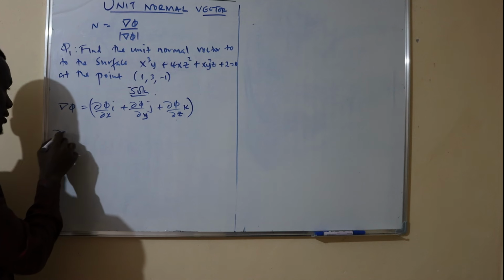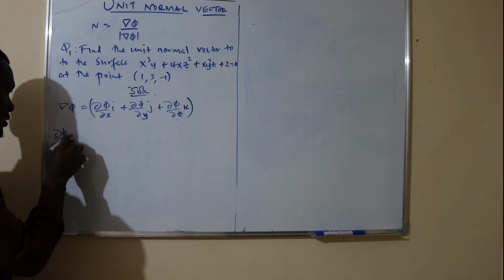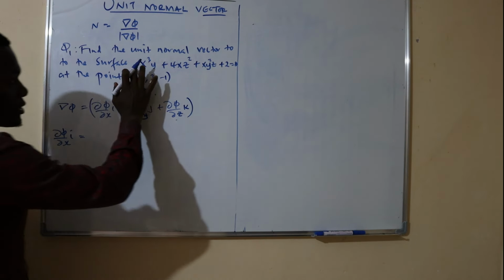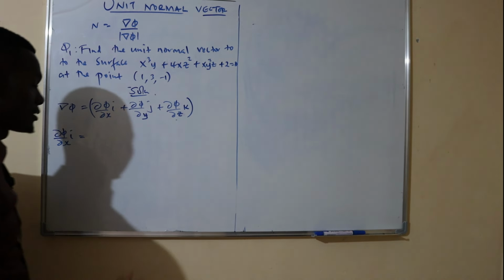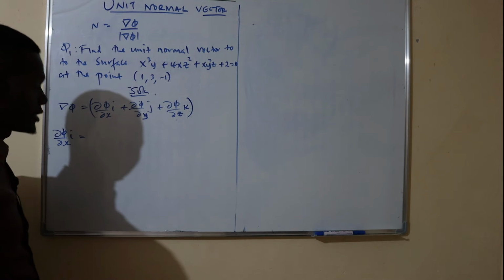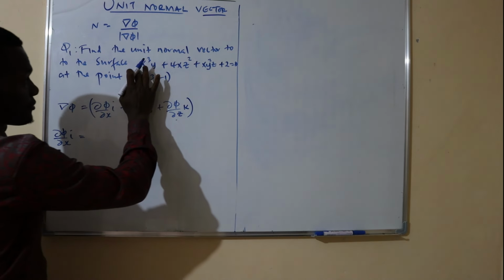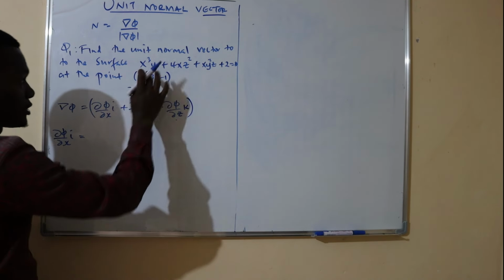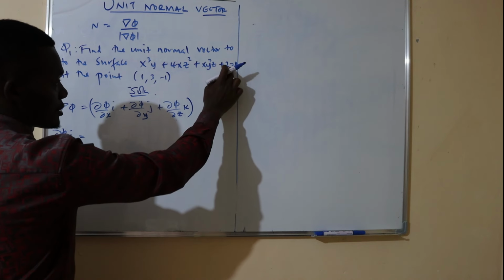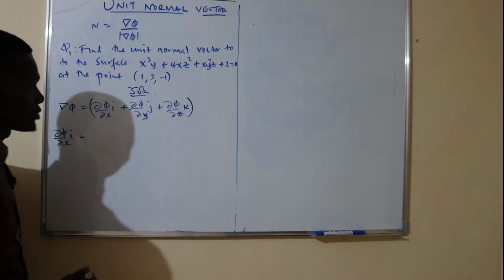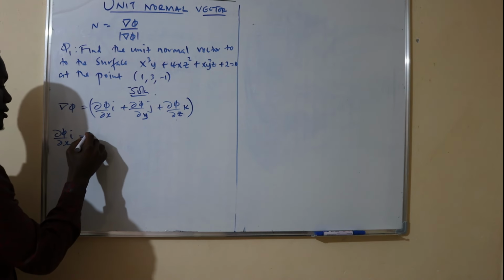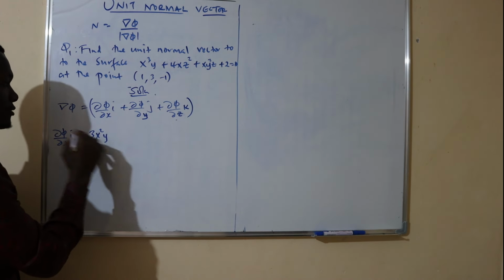So we start with d phi dx, then i. So we differentiate the function up to this point without the 0 on the other side. Anyway, if we differentiate 0, it's still 0. So differentiating this part with respect to x, this one will give us 3x squared y.